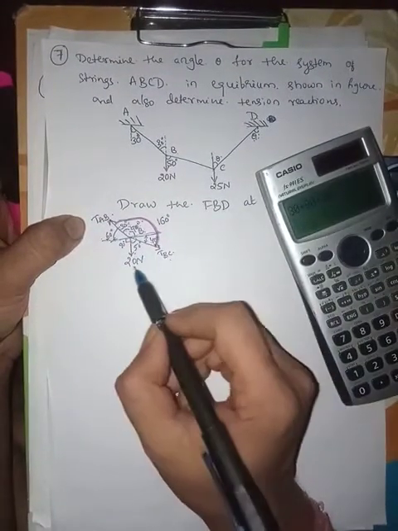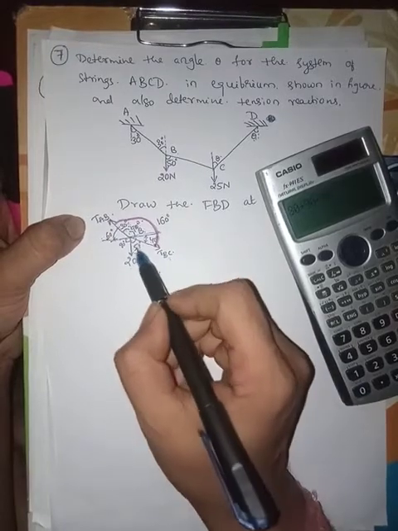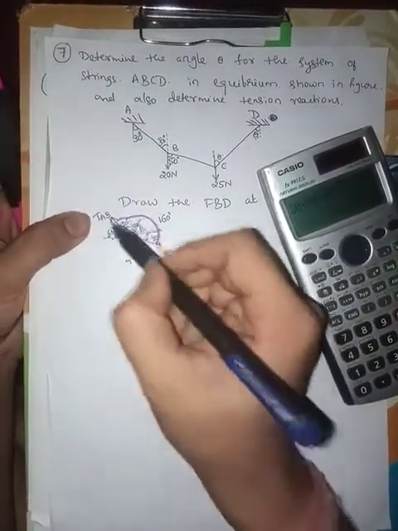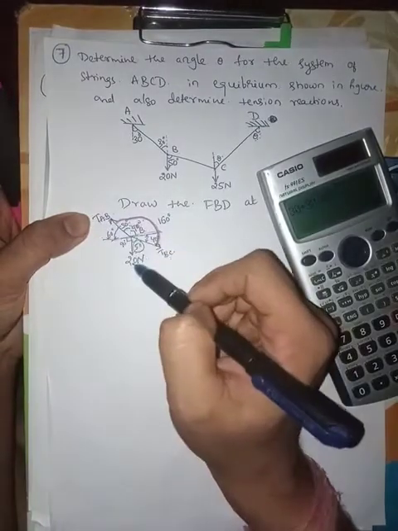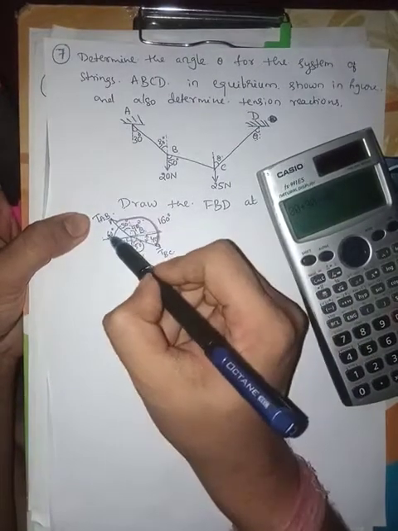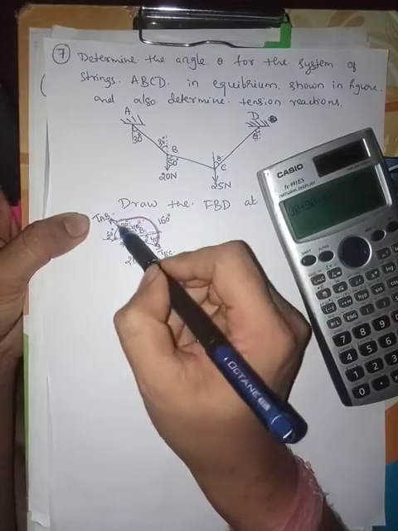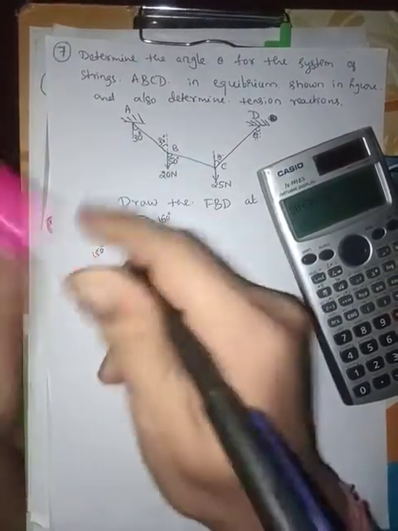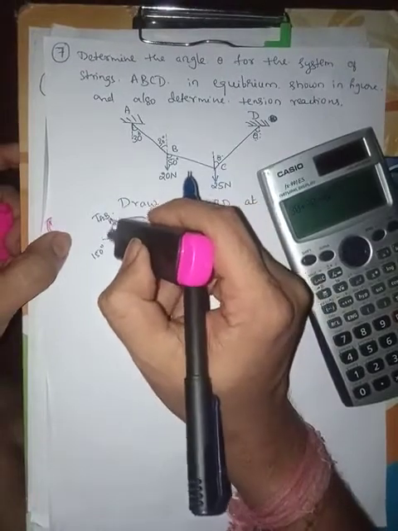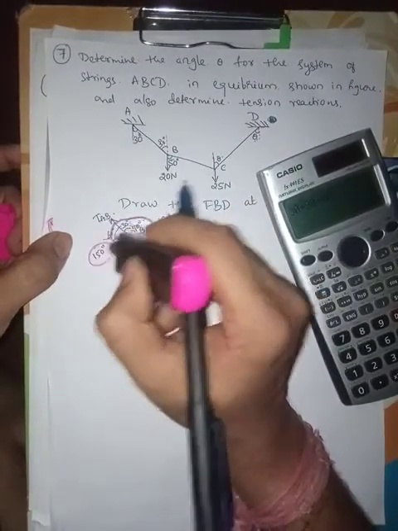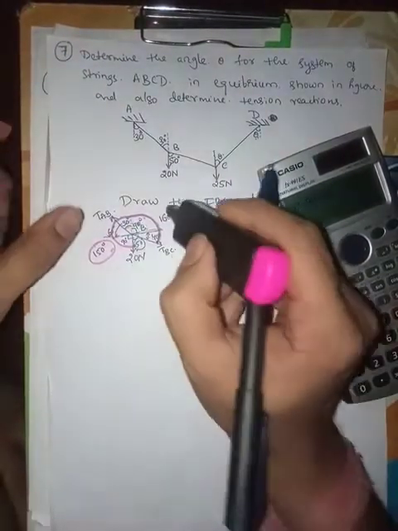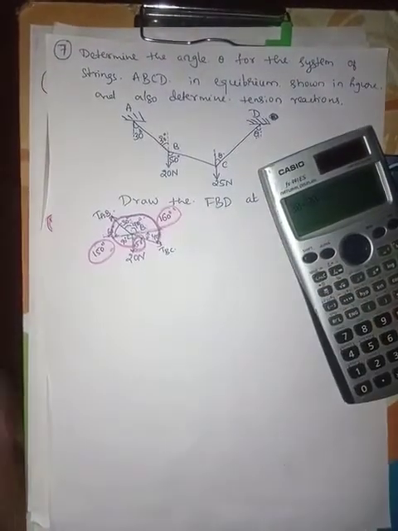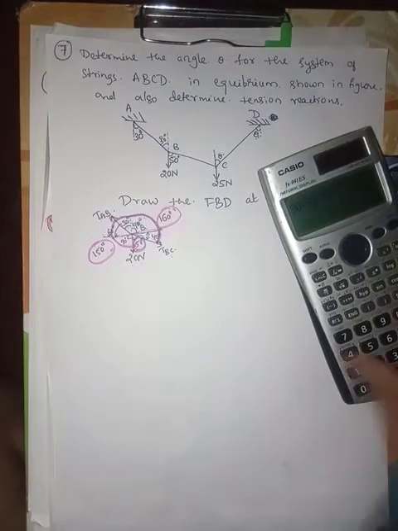What is the angle between 20 Newton and TBC? It is 50. Similarly the angle between TAB and 20 Newton is 60 plus 90, so the whole angle is 150 degrees. This one is 160 and this one is 50 degrees.